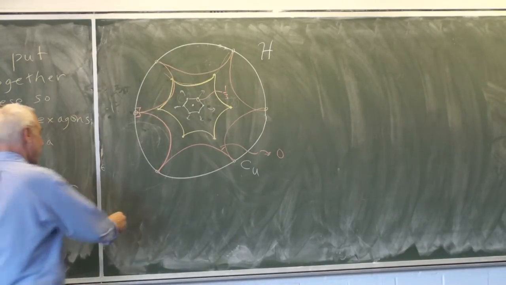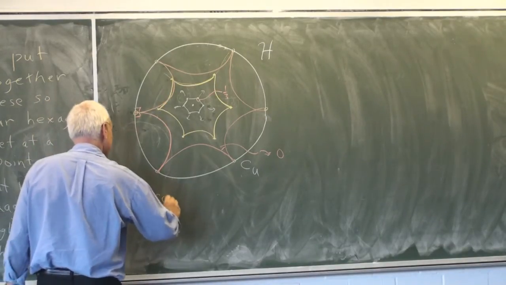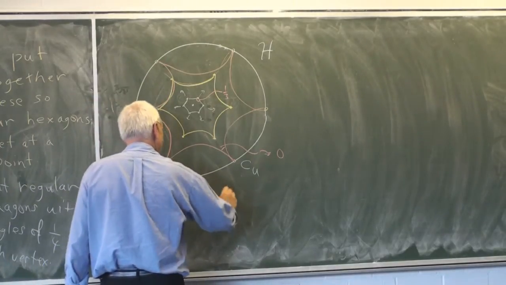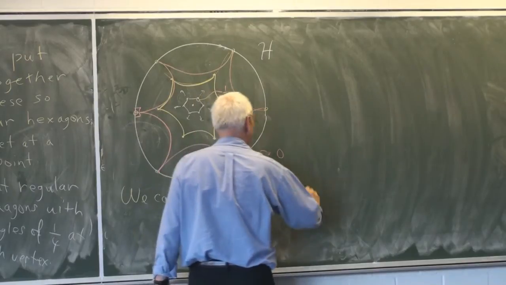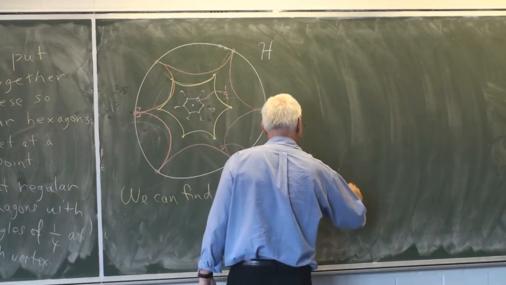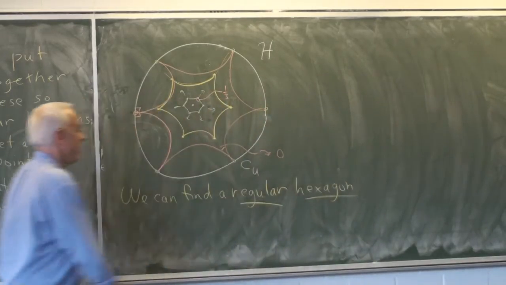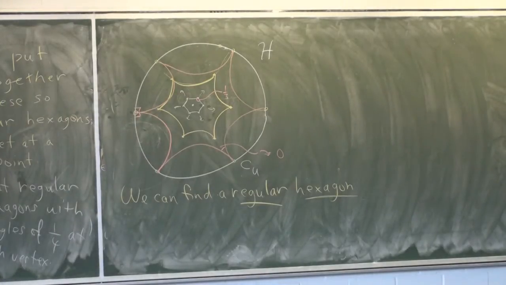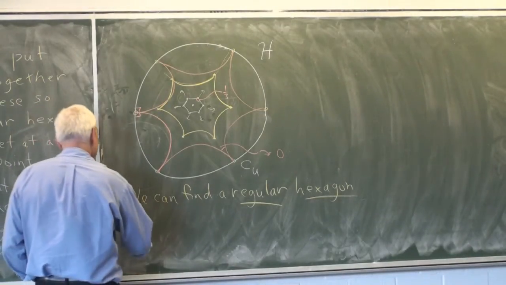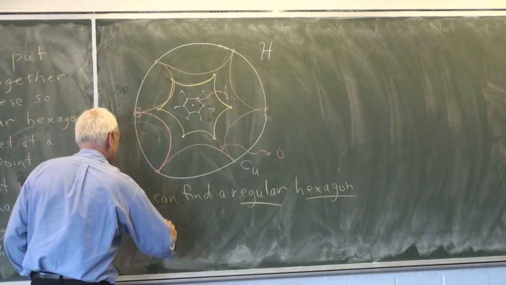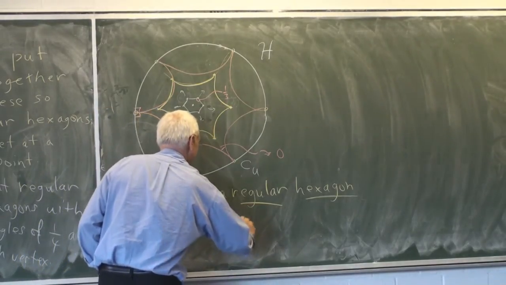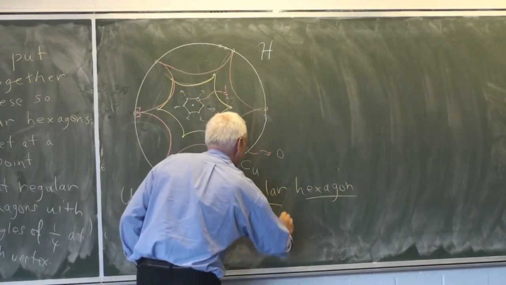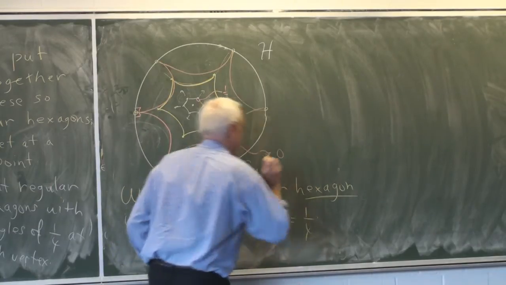So we can find a regular hexagon with interior angles, or tangles, turn angles, equal to 1/4.